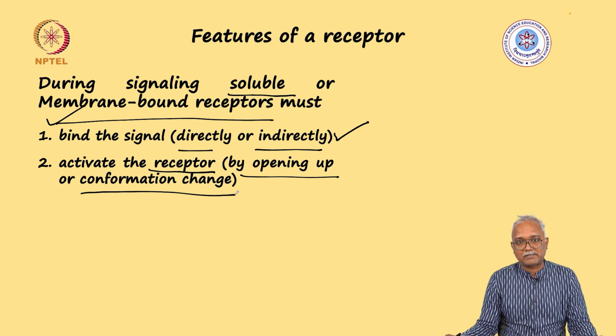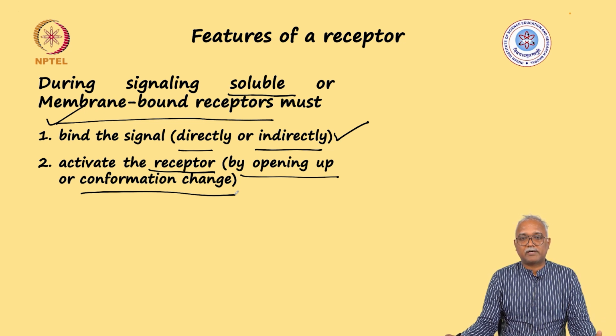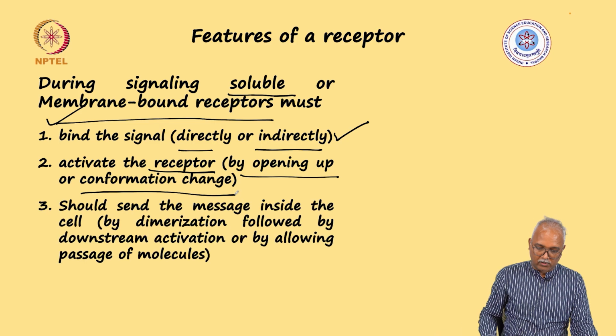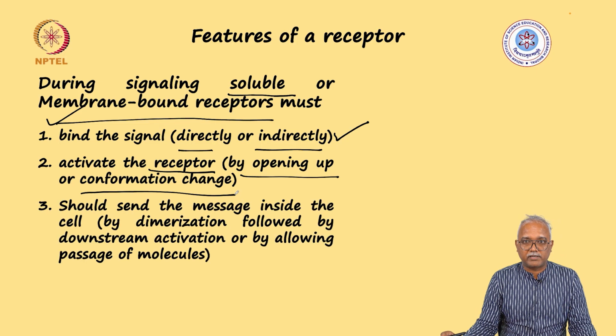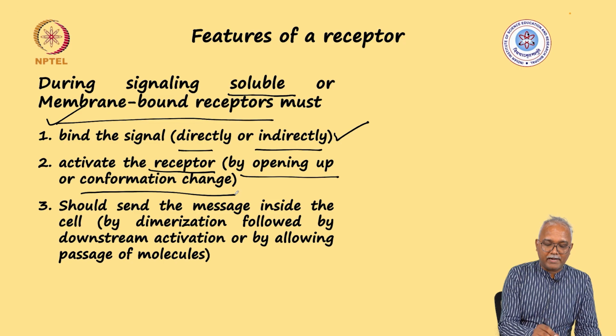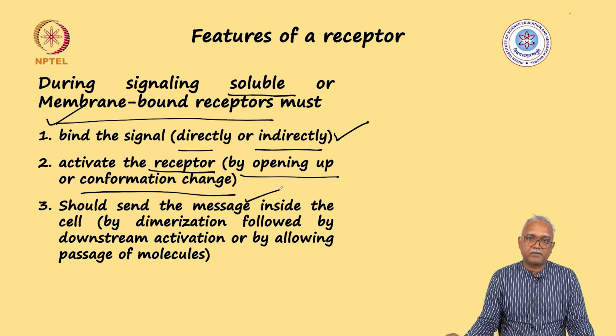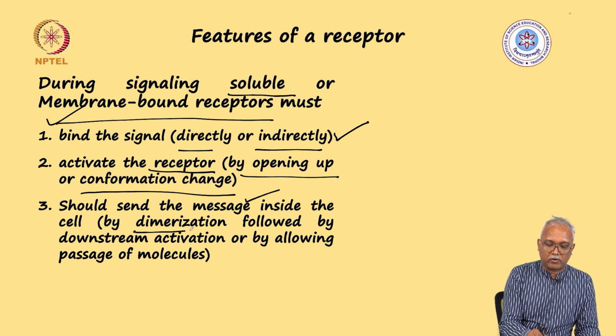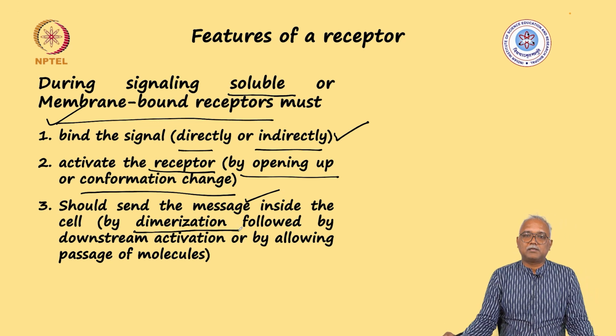If you remember from previous classes, when the receptor is membrane bound, the signal does not enter inside the cell. So in this case, signal binding to the receptor must activate something inside, and that is the third thing which the receptor should achieve. Basically, with the binding of the signal to the extracellular domain of the receptor, there must be a message sent inside. One other thing commonly seen with receptors is that they undergo dimerization.